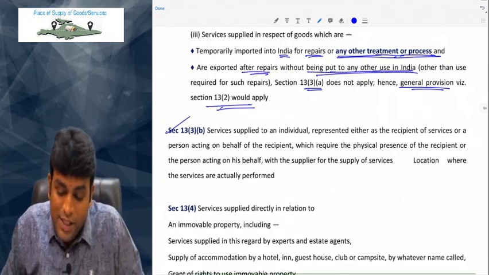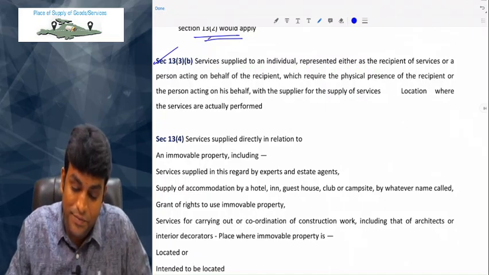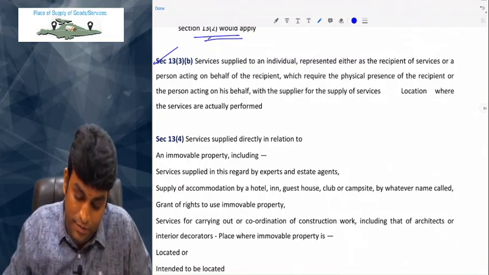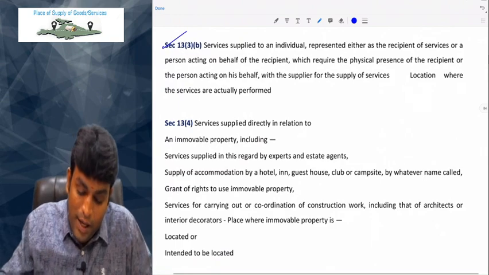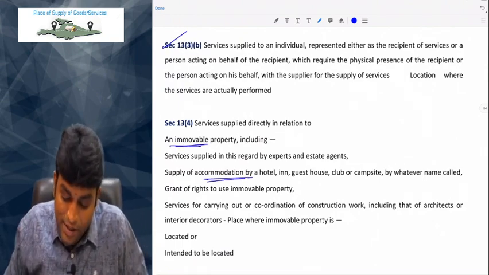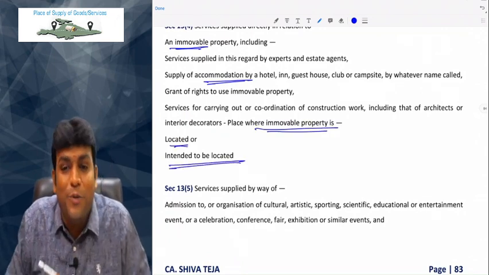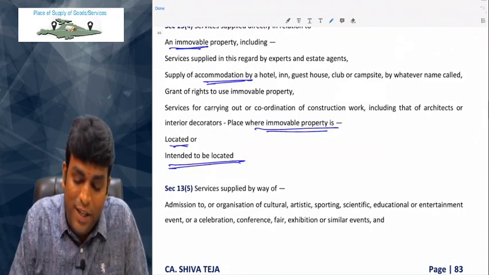13.3b also we discussed, services given to an individual. Then 13.4 is what? Immovable property, including accommodation, my dear friends, the place where the immovable property is located or intended to be located. All this is over, sir.